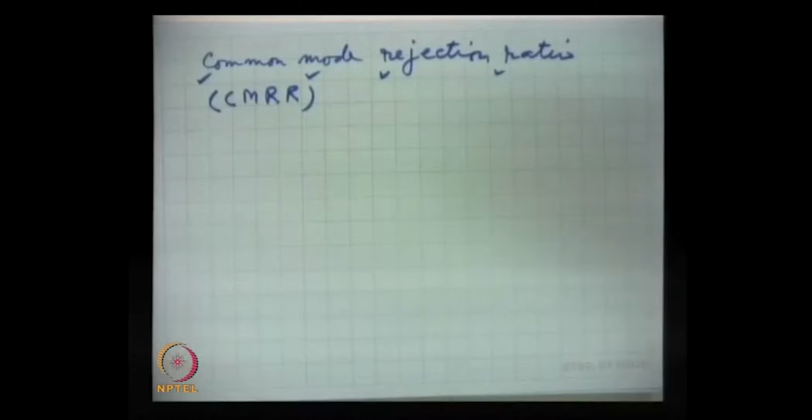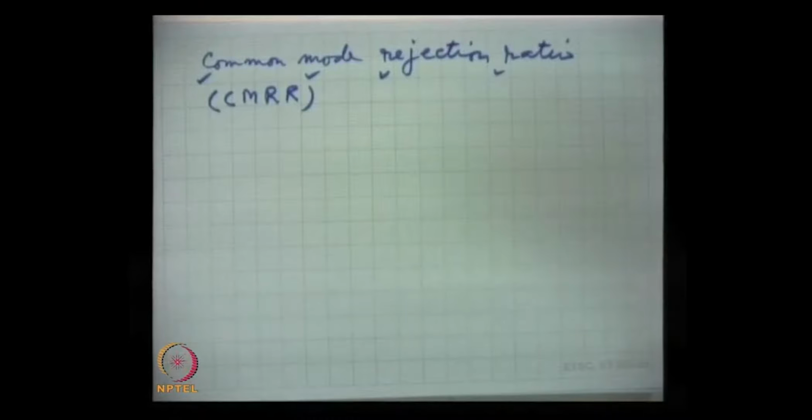So this property of the differential amplifier, to what degree it eliminates any signal which is common to both inputs, is measured by this ratio, the common mode rejection ratio. I hope I have made the point clear.